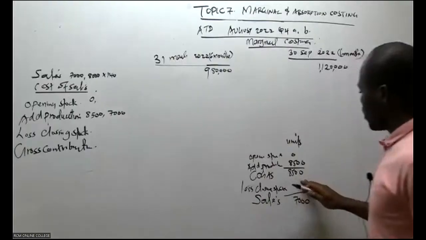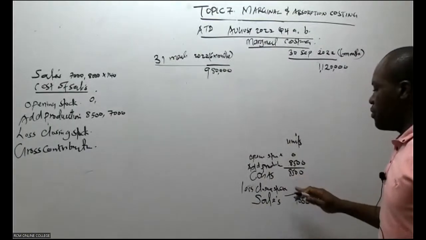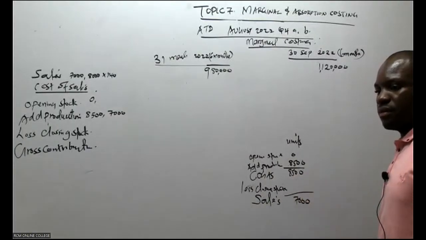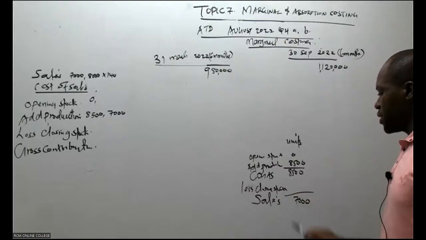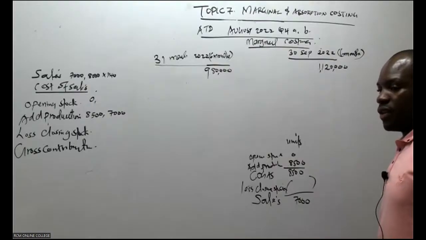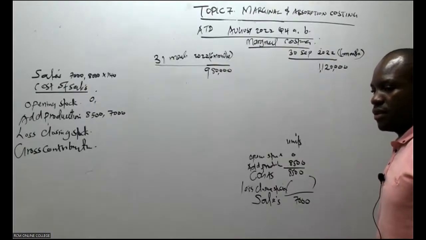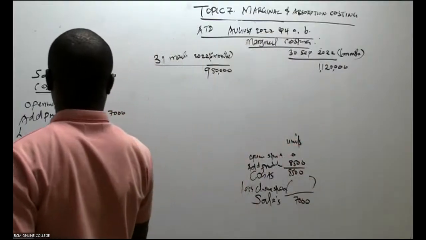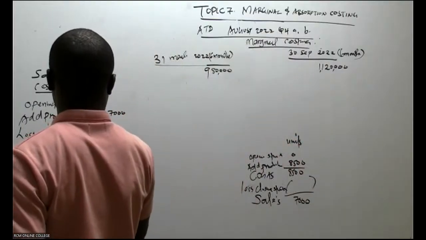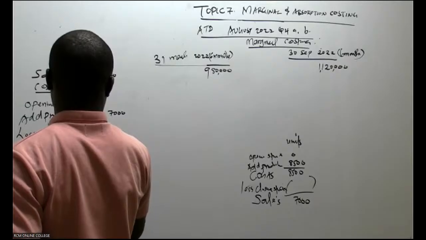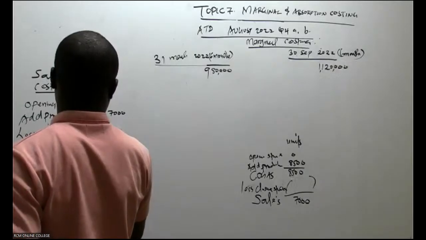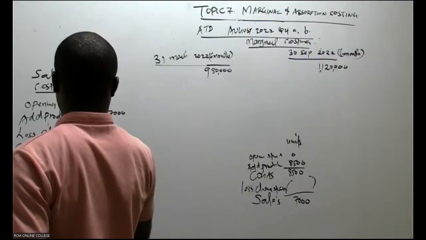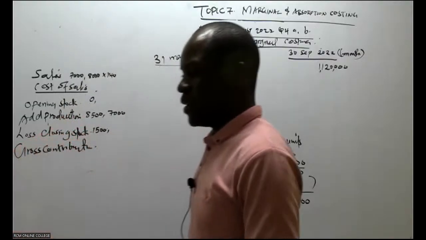So what is it that when you deduct from 8,500, you'll be able to get 7,000? It is 1,500. So that is the closing for the first 6 months.